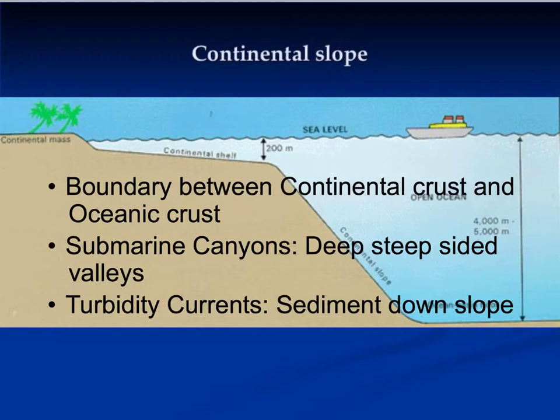The continental slope comes after the continental shelf. The continental slope is the boundary between the continental crust and the oceanic crust. This is located right along this area here. It is a very deep-sided valley, and there's a lot of sediment that settles onto this slope from currents.